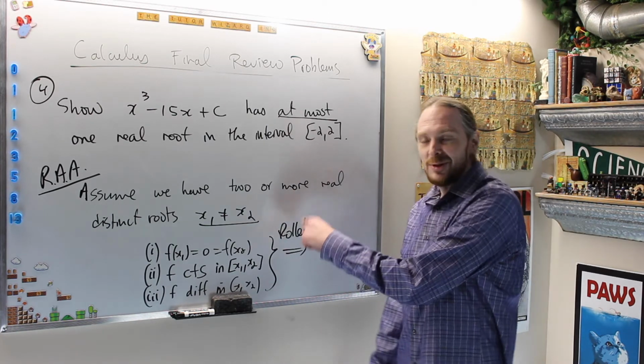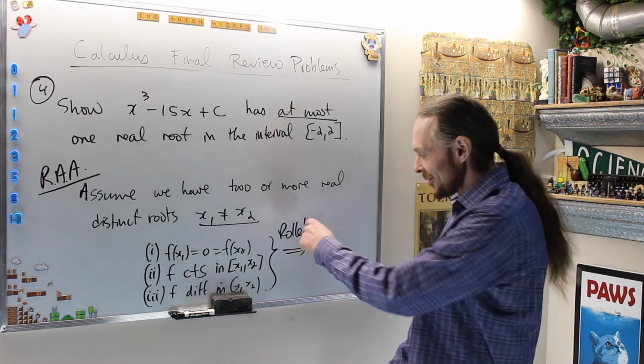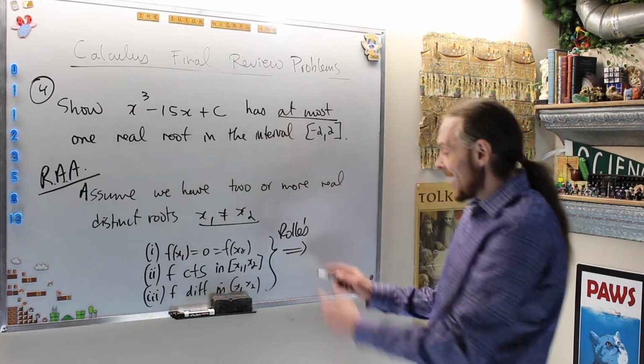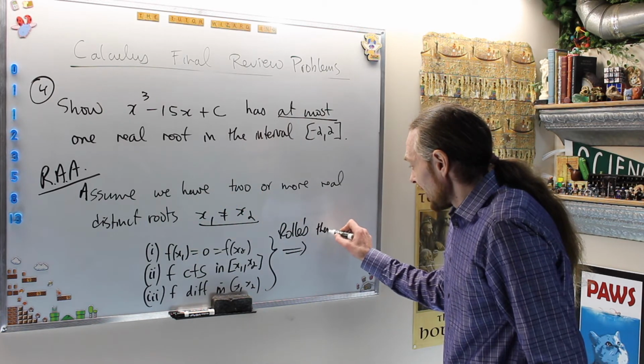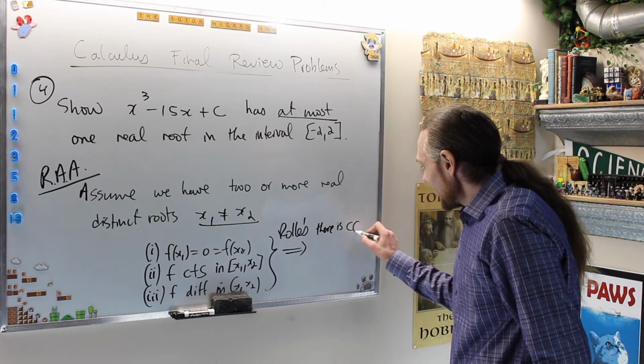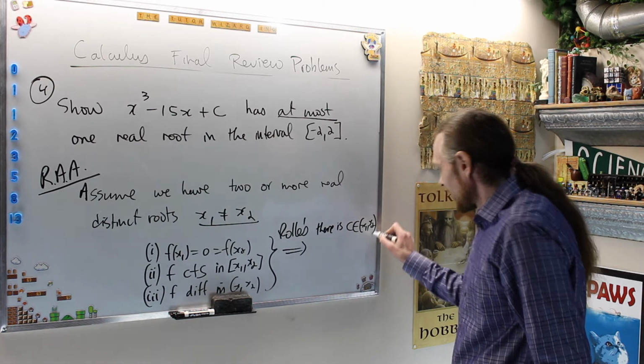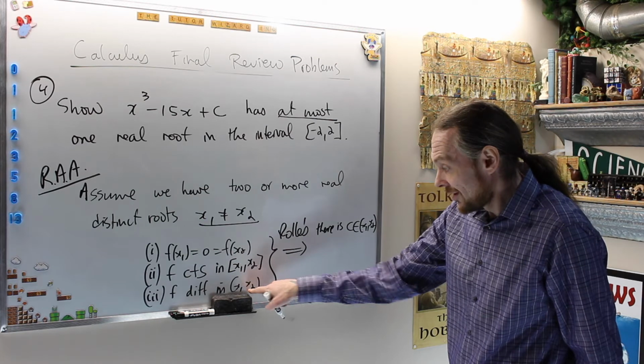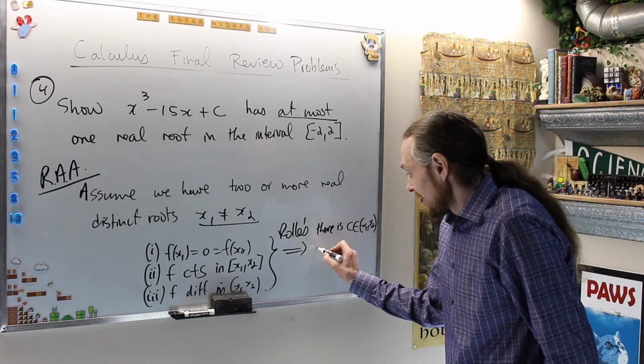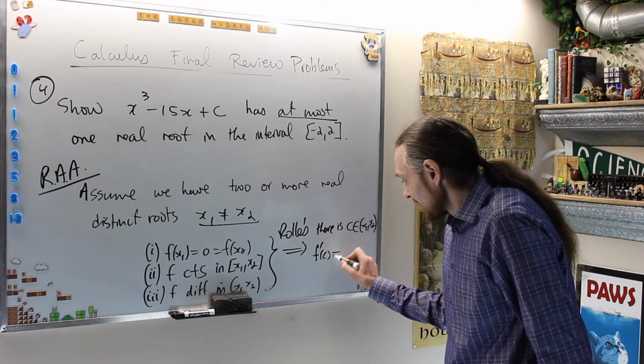No, that tells me you knew what you were trying to use intellectually. I'm using Rolle's theorem and the conditions. That tells me there is a c inside x1, x2, in that interval, such that the derivative is 0.